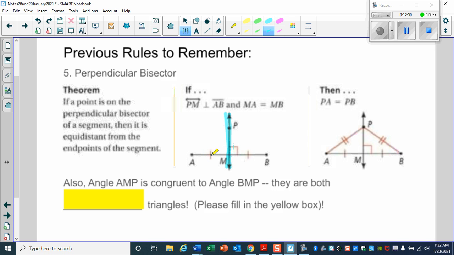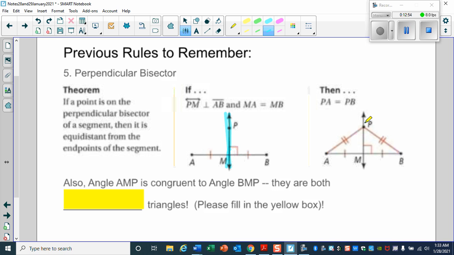And they're also going to tell us MA is equal to MB. So that means they're also congruent. Therefore, if you drew from point P to point A, the distance from P to A is the same as from P to B.